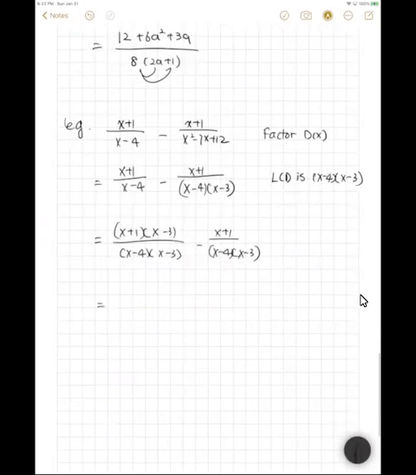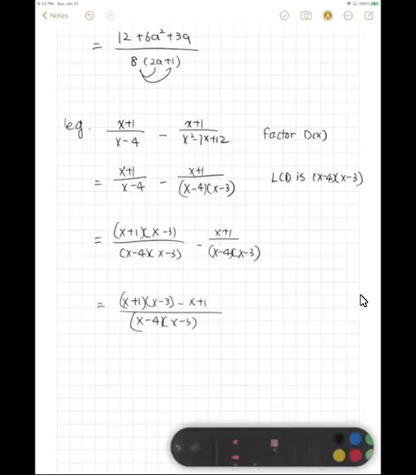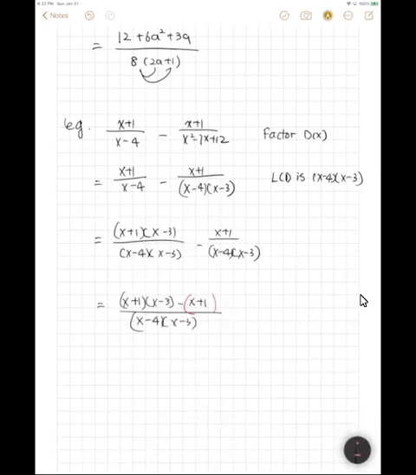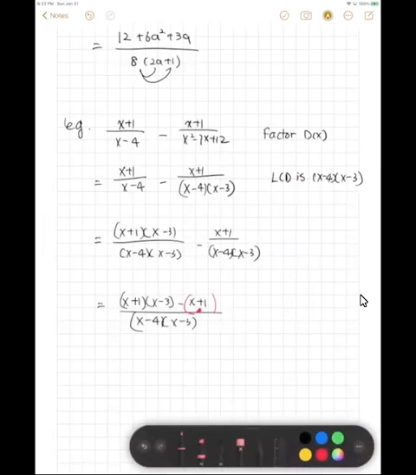Okay, so now they have the same denominator. We can just subtract the tops. So what do we need to put? Parentheses, because I don't want to forget to change the sign as a negative.